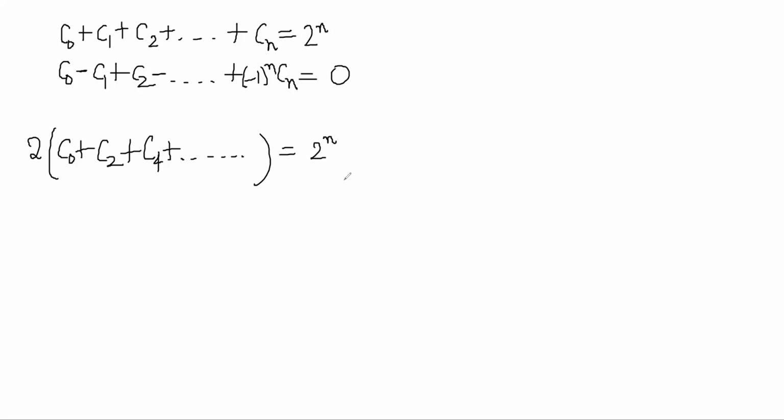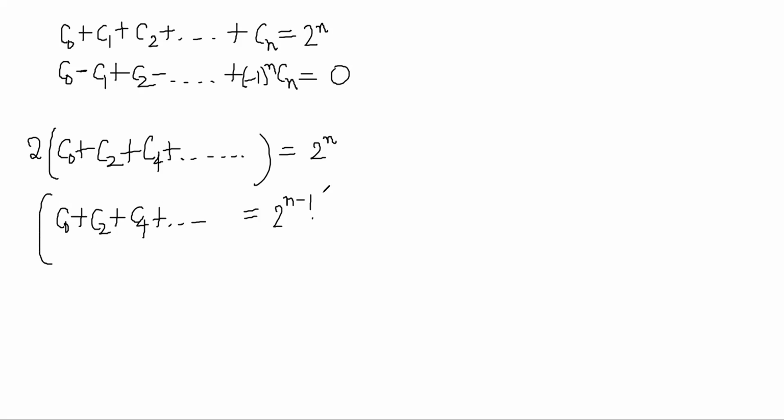You are cancelling out all the odd terms, and all the even terms will remain when r is 0 or 2 or 4. You have proved that C0 plus C2 plus C4 plus so on till the last even term will be equal to 2 power n minus 1, right?